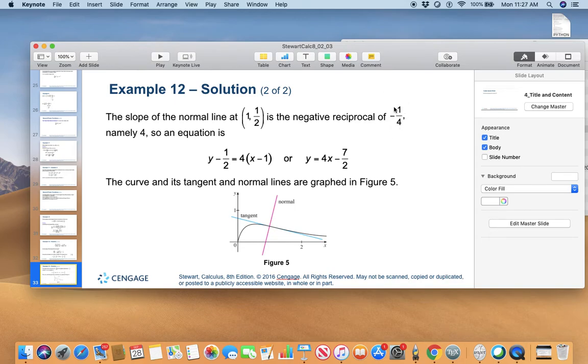So if this is the slope of the tangent, the slope of the normal is negative of negative, positive, reciprocal of 1/4 is 4. That's all. So the equation of the normal line is, I'm going to use the slope for the same point. Simplify. Look, the normal is perpendicular to the tangent, and that's how it looks.